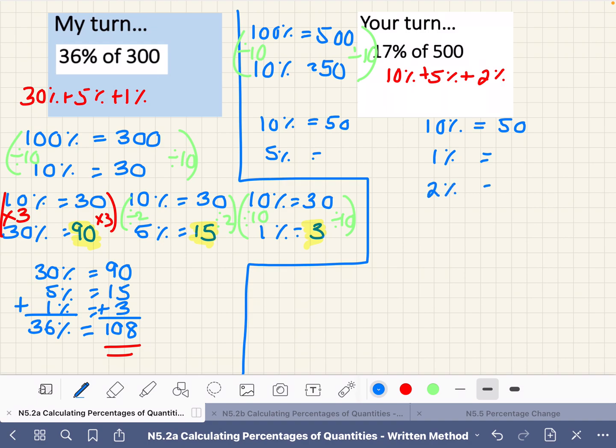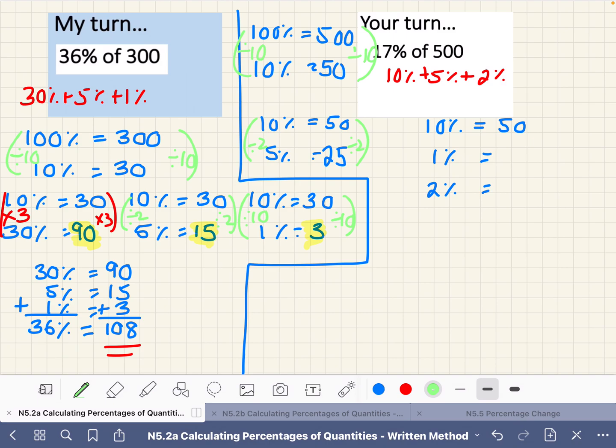So, to go from 10% to 5%, we would divide by 2, which means we divide the 50 by 2. That gives us 25.